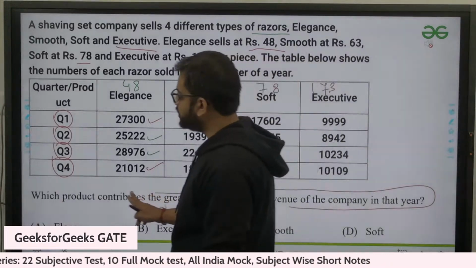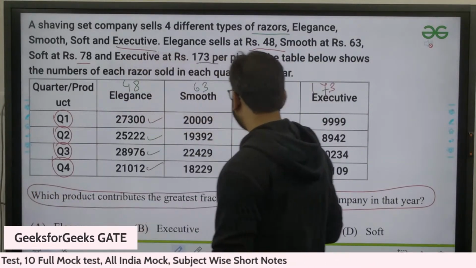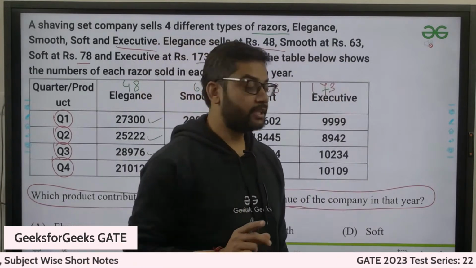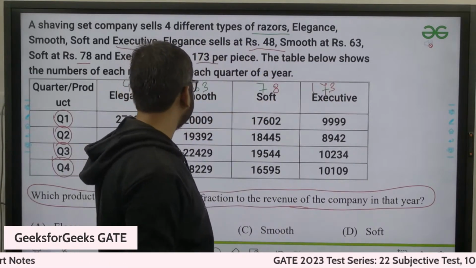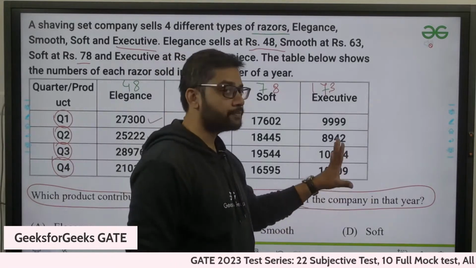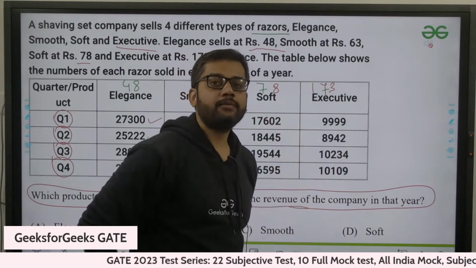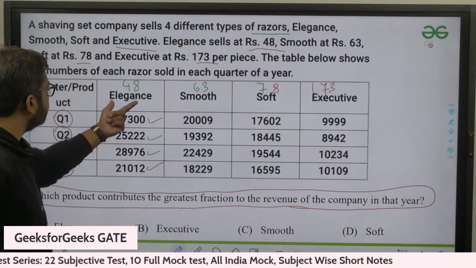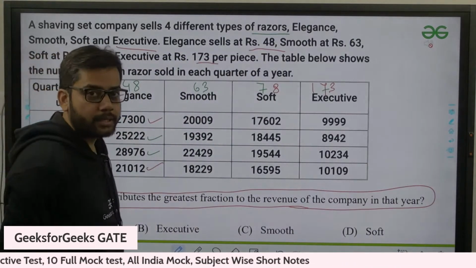See, this question is way too easy. We only need to find out which razor contributes the greatest fraction of revenue. How are we going to find the revenue? Suppose we have to find the revenue of elegance at the end of the year.